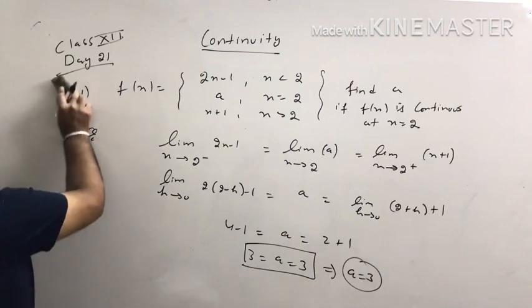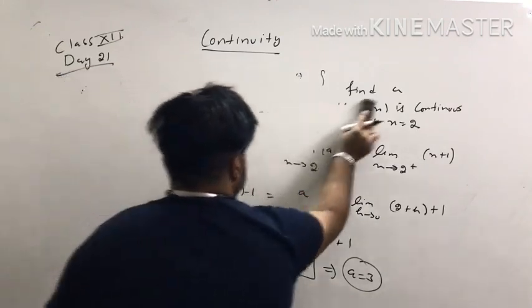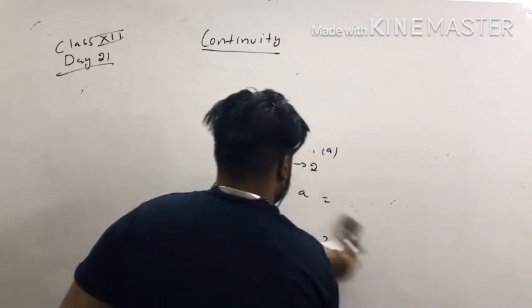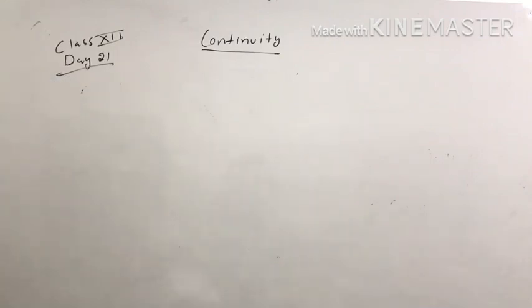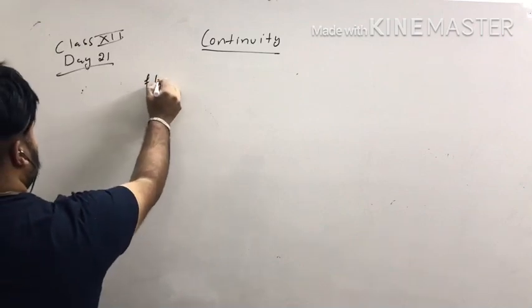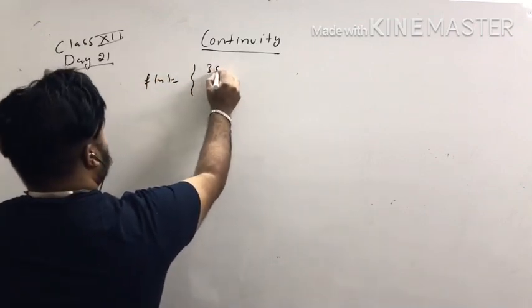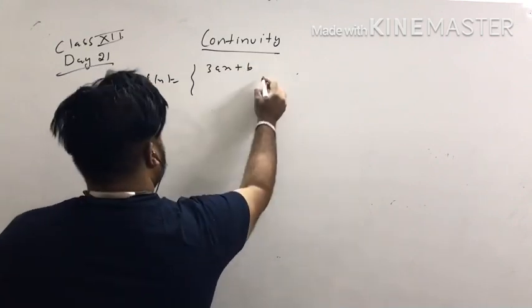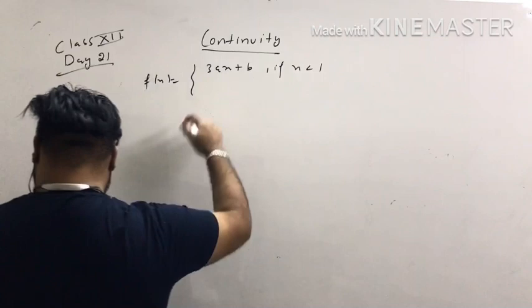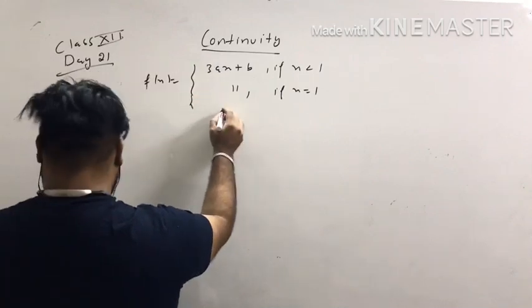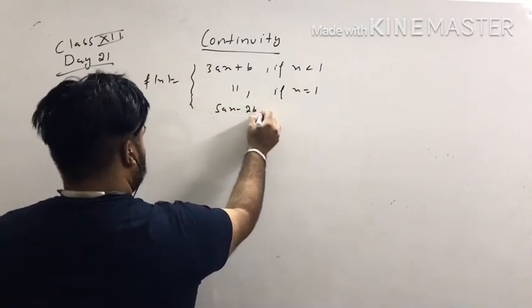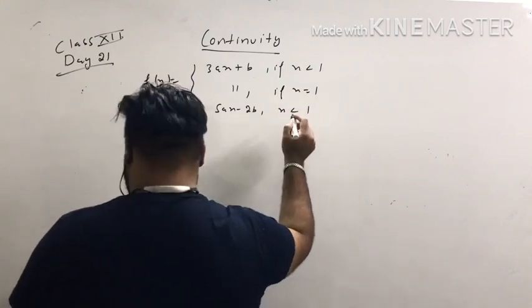Now the next question. The next question is: f(x) equals 3ax plus b if x is greater than 1, 11 if x equals 1, and 5ax minus 2b if x is less than 1.